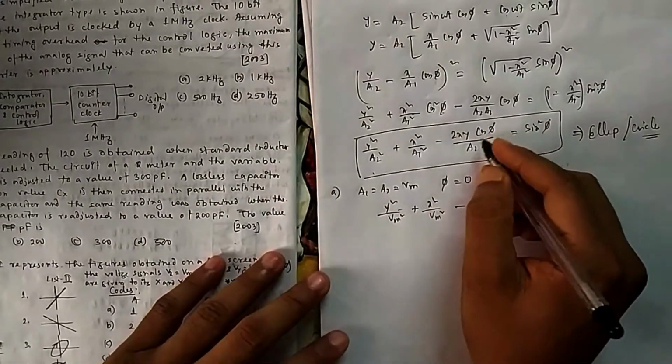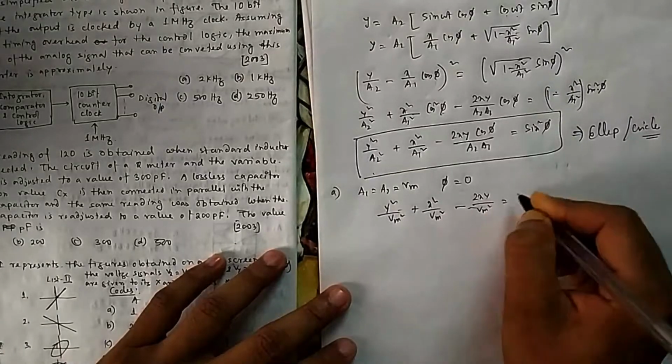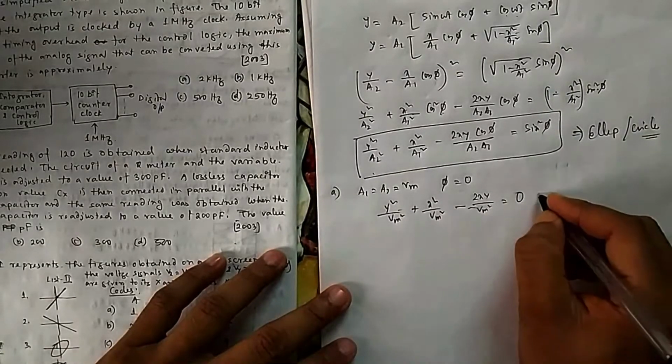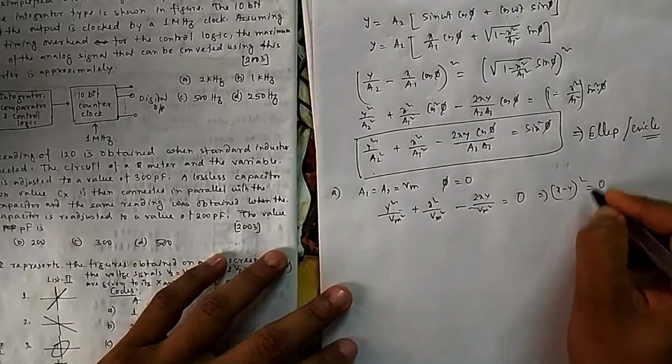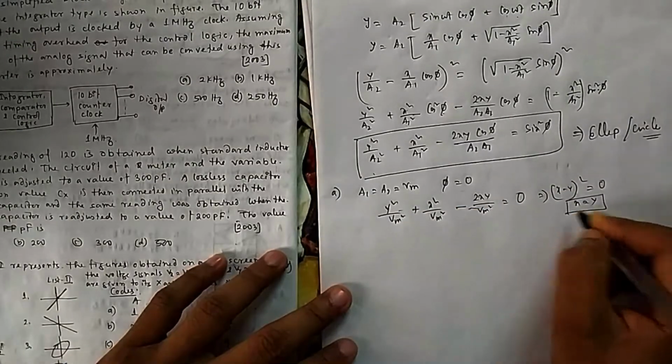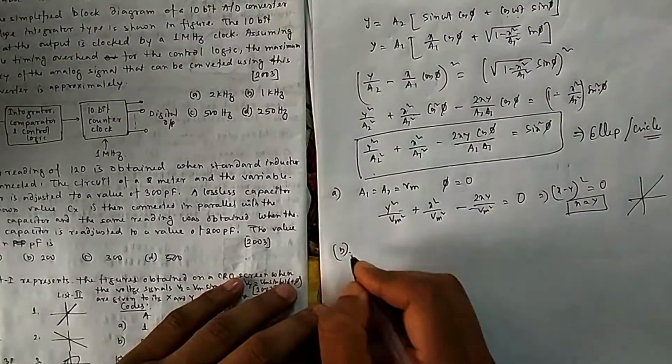What is cos 0? Cos 0 is 1, so minus 2xy by Vm square. What is sin 0? It is 0. So Vm square will go, and it will be x minus y whole square, a square plus b square minus 2ab. So it is x equal to y. What is x equal to y? It is nothing but a straight line. So that's why you are getting a straight line. So mathematically also you can prove it.